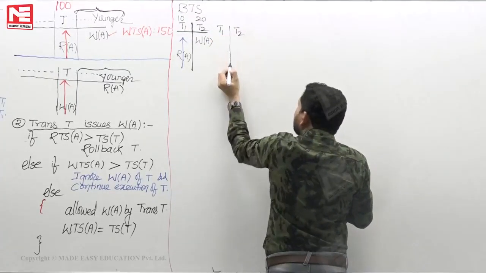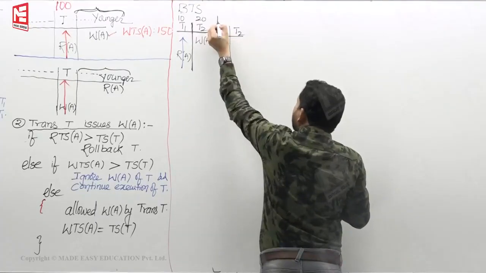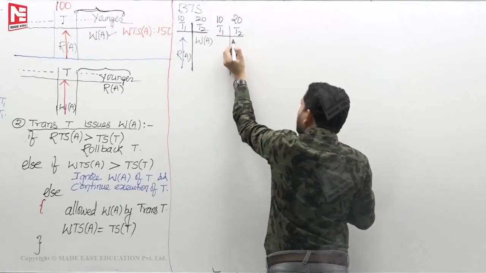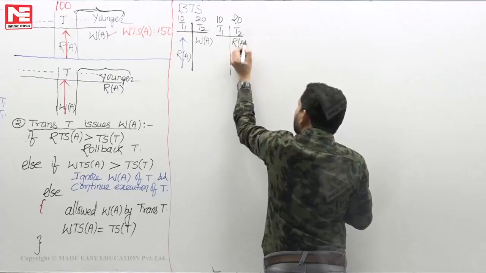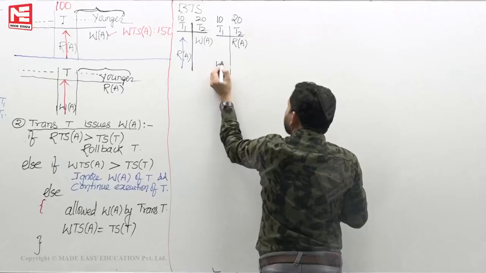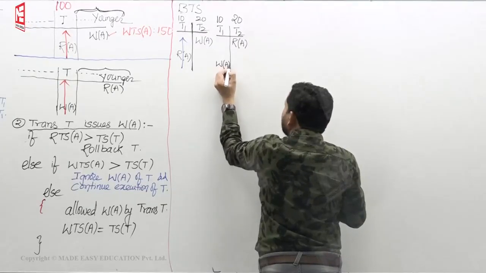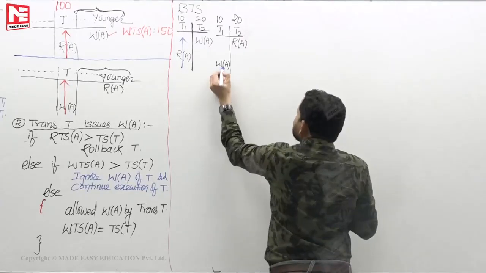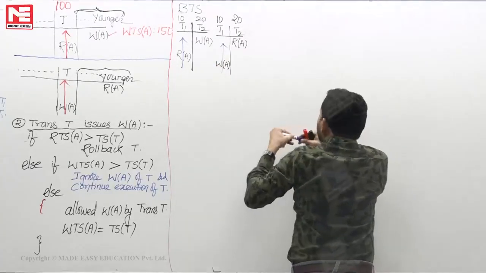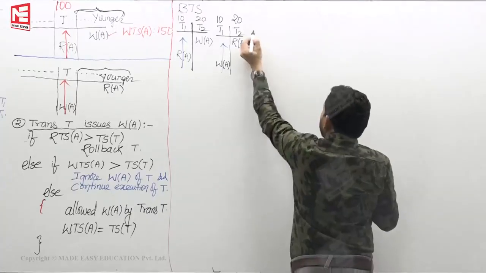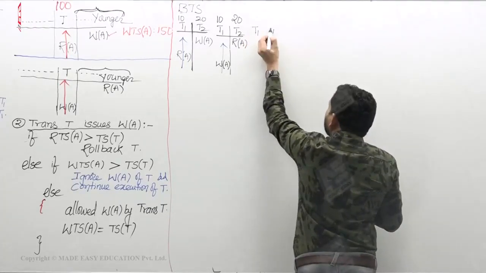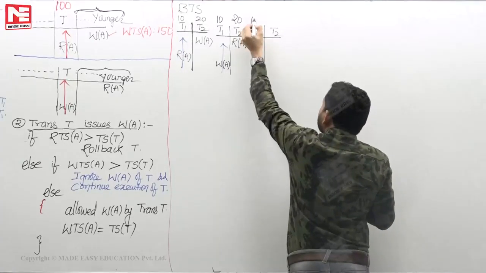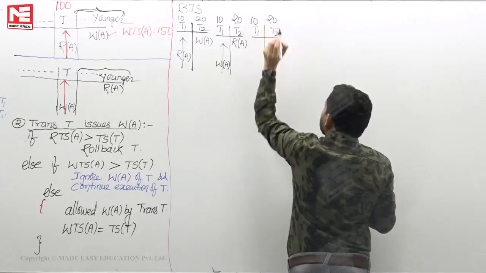T1 and T2 transactions, T1 timestamp 10 and T2 timestamp 20. If T2 has already done the read and T1 requests a write of A, it causes a rollback. One more rollback we discussed for the previous protocol: T1 and T2 are concurrently executing, timestamp of T1 is 10, timestamp of T2 is 20.